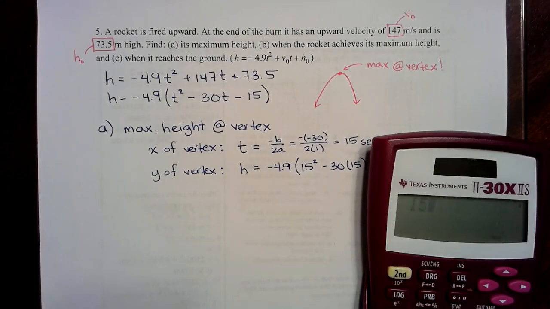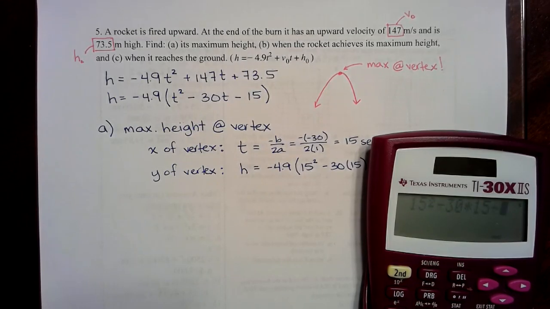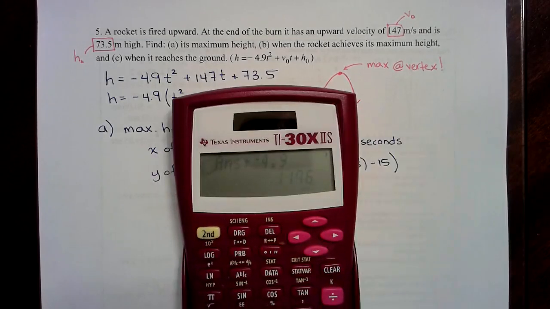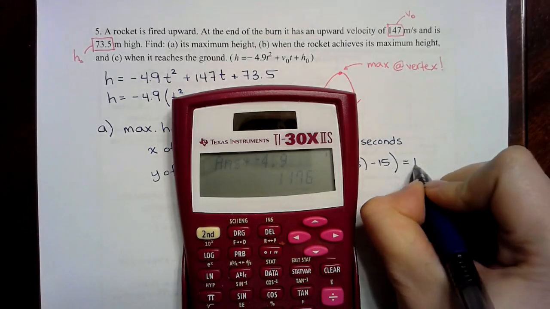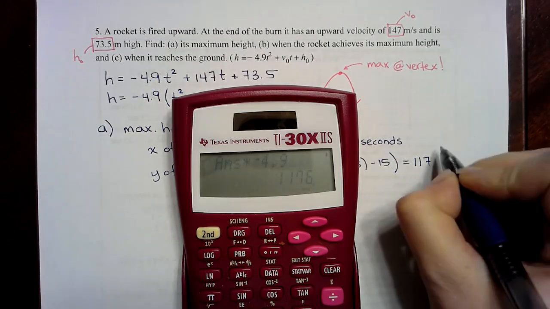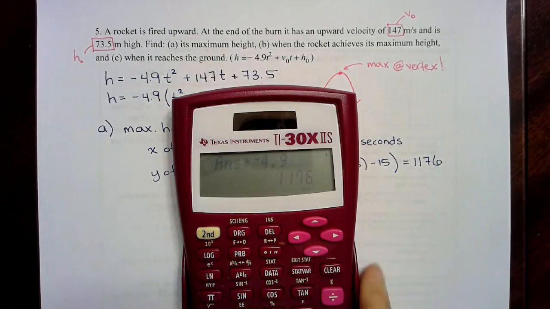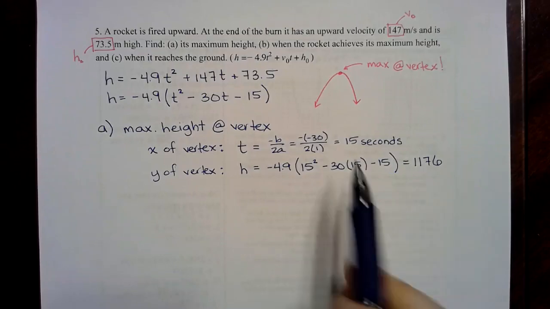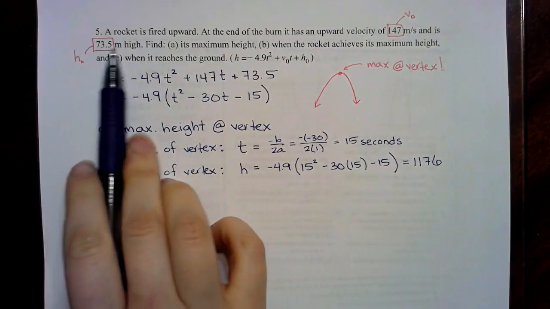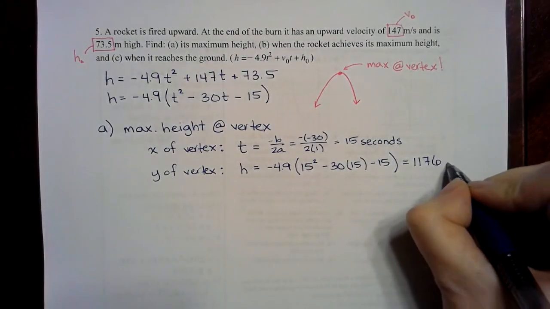So 15 squared minus 30 times 15 minus 15 is negative 240. I take that answer and multiply by negative 4.9, and I find my answer: 1,176. And I'm measuring heights in meters.